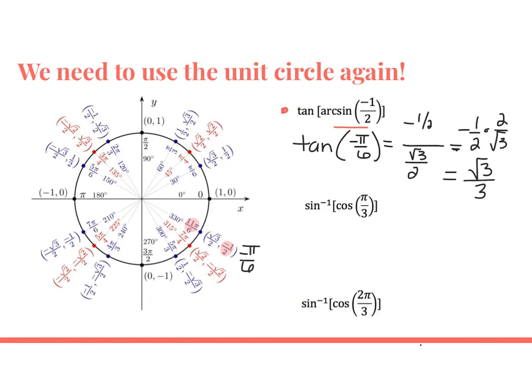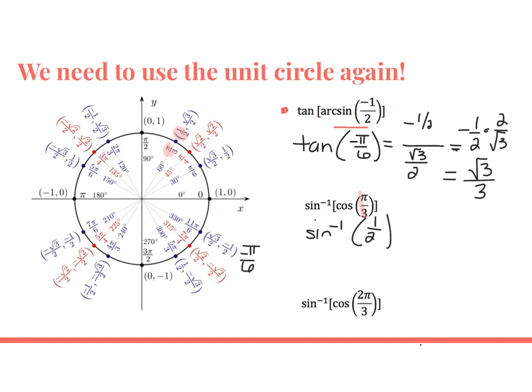For our second example, we want to start by finding the cosine of pi over 3. Cosine is your x value, so we're going to go to pi over 3. Go to the x value, that's 1/2. Now we're finding the inverse sine of 1/2.